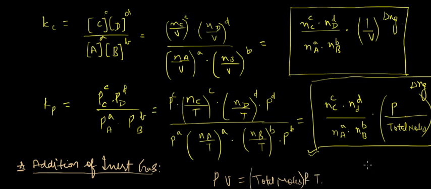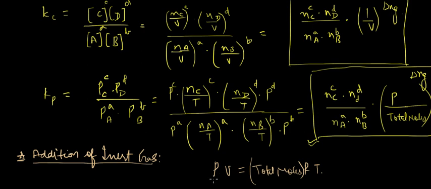Now, in the second case I am keeping the pressure constant, and as I am increasing the total moles, what will happen? The P by total moles term will actually decrease, as total moles are increasing at constant pressure, hence the P by T ratio will decrease.